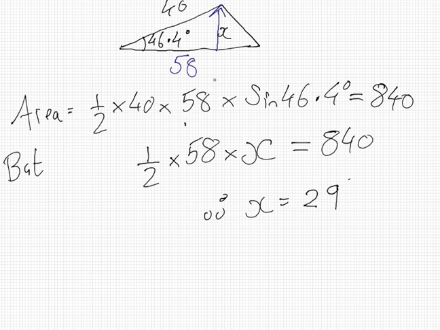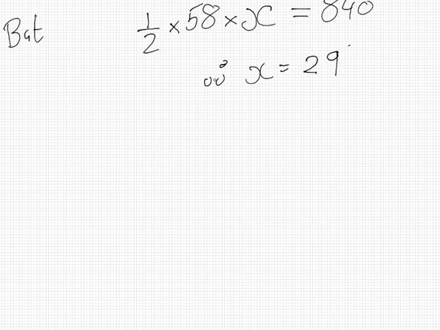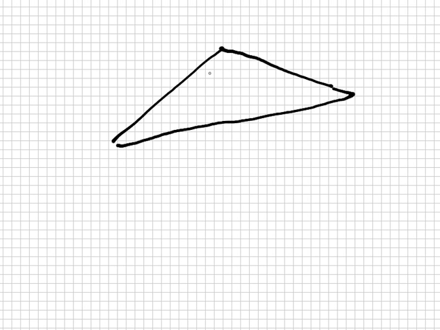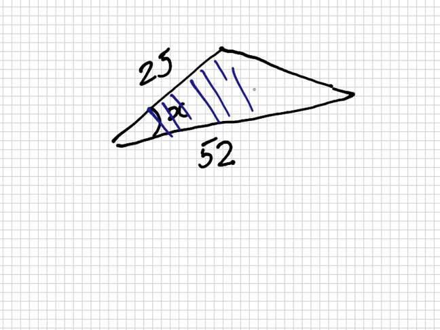Okay, 4a. So in this one, I give you the angle. I give you 25, 52, and I want to know what this missing angle is, but I tell you that the area is 630.